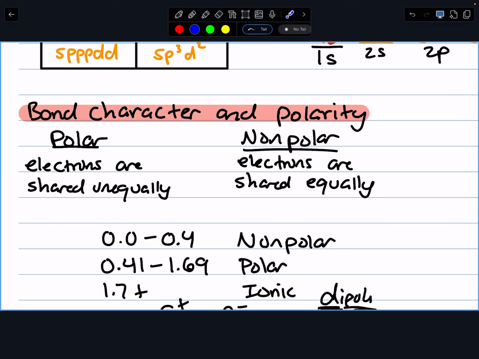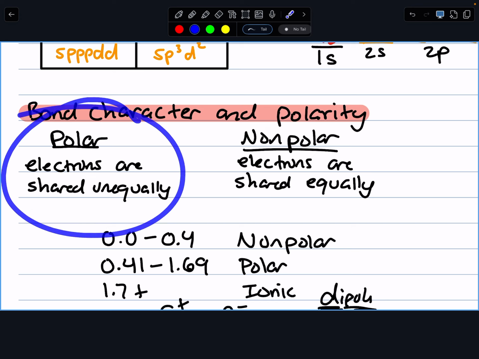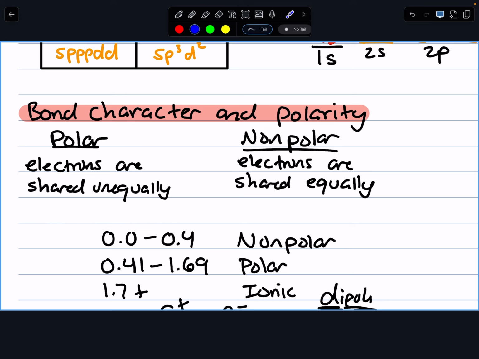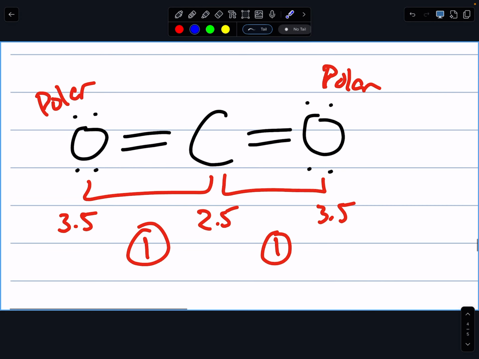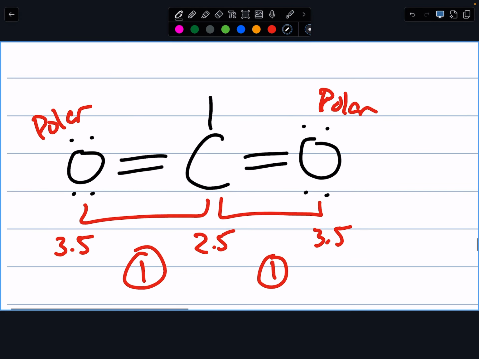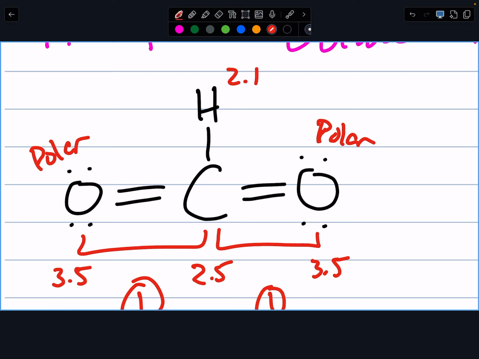Does that make sense? I know it's confusing. You think nonpolar, not equal. But nonpolar means they're equal. Polar means they're not equal. So you guys were pulling on me equally, right? So the whole CO2 is actually nonpolar, even though the bonds are polar. Okay, but let's say I added a random hydrogen on it. He has an electronegativity of 2.1.